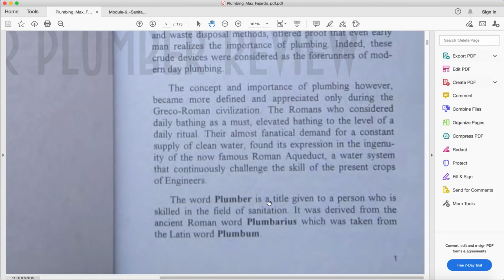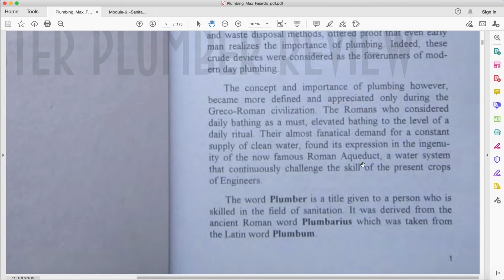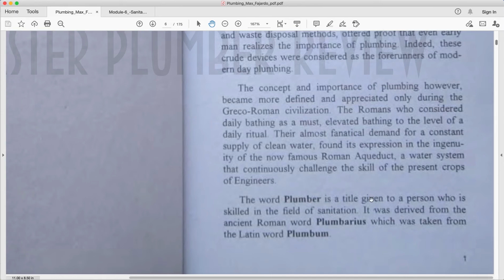The word plumber is a title given to a person who is skilled in the field of sanitation. It was derived from the ancient Roman word plumbarius, which was taken from the Latin word plumbum. But there is still conflict between sanitary engineers and master plumbers, and there are legal actions right now to validate their certain claims.